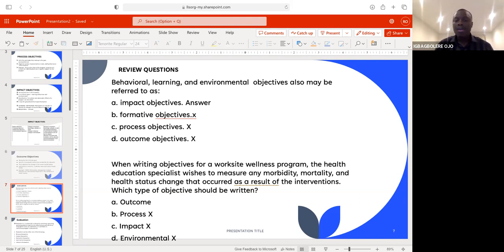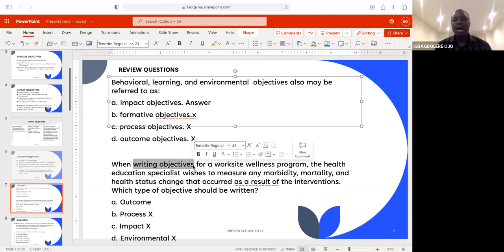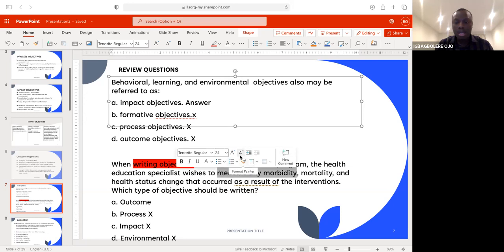So one of the key components is we are writing an objective, all right? Hallelujah. We're writing an objective. So that's obvious, okay? The other one is, what is your objective trying to measure? Now, if your objective is measuring, the participants will stop using a vaping instrument or something, that would be an impact measuring behavior, right? However, what we are measuring here is morbidity, number 1.